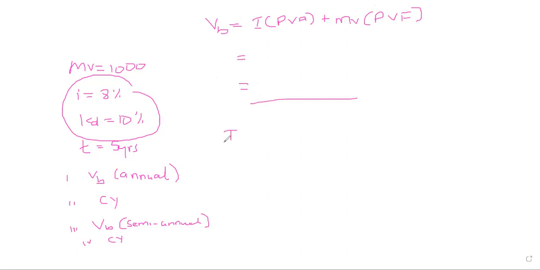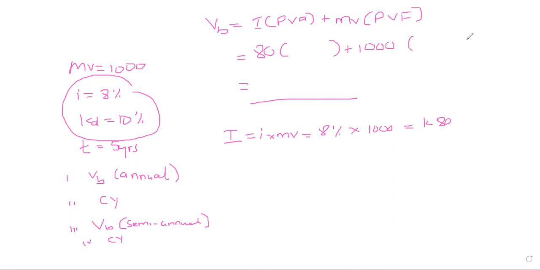Capital I is simply found by small i times the maturity value. So our small i is 8%. 8% of 1,000 is what? 80. So the job of the coupon interest is simply to find the capital I, 80. Are we together? Yes.